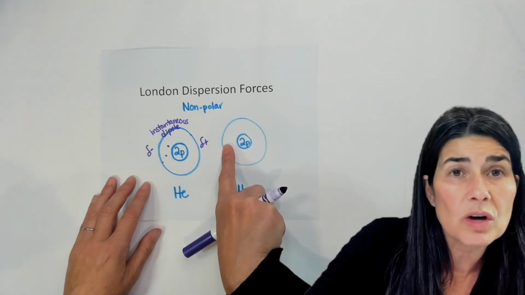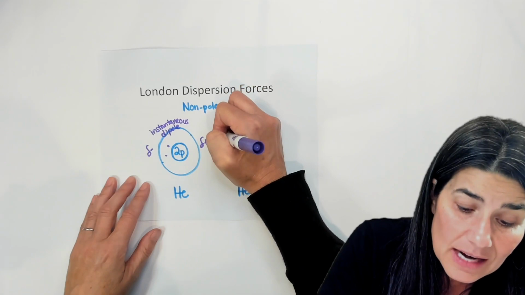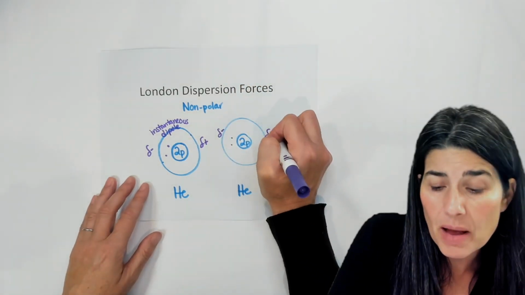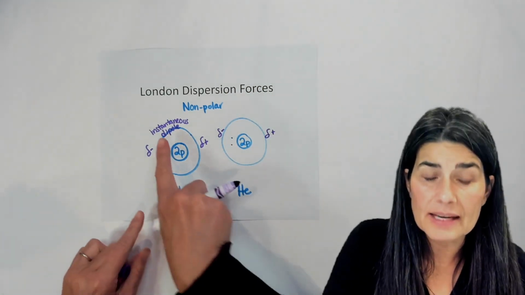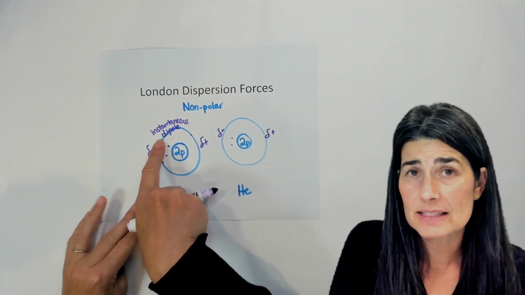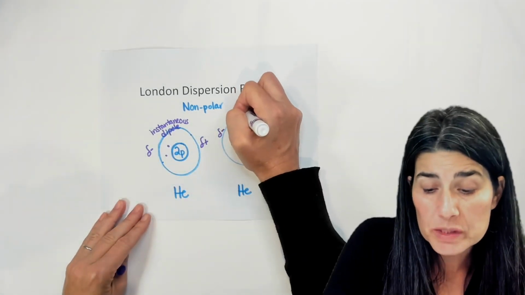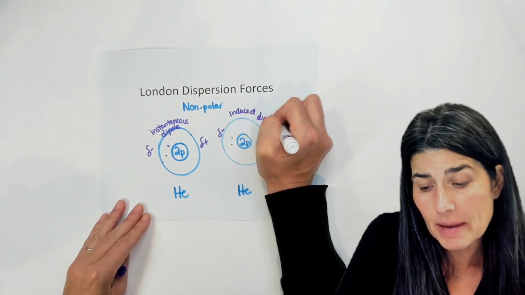So they're going to come over to the left-hand side, and we will get a little bit negative on this edge of the atom and a little bit positive on this edge of the atom. What we've done is this instantaneous dipole triggered, or induced, a dipole on the adjacent helium atom.